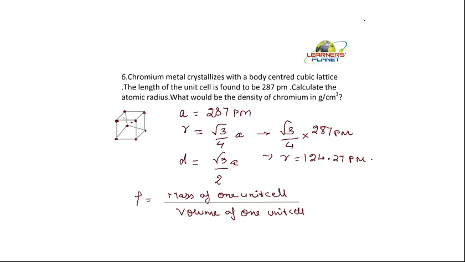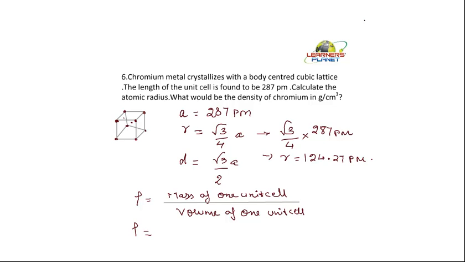Right? Now your rho is equal to what? The atomic mass. What is the atomic mass of chromium? Do you know the atomic mass of chromium? It is, I suppose, 51.99, or you can say it's 52.